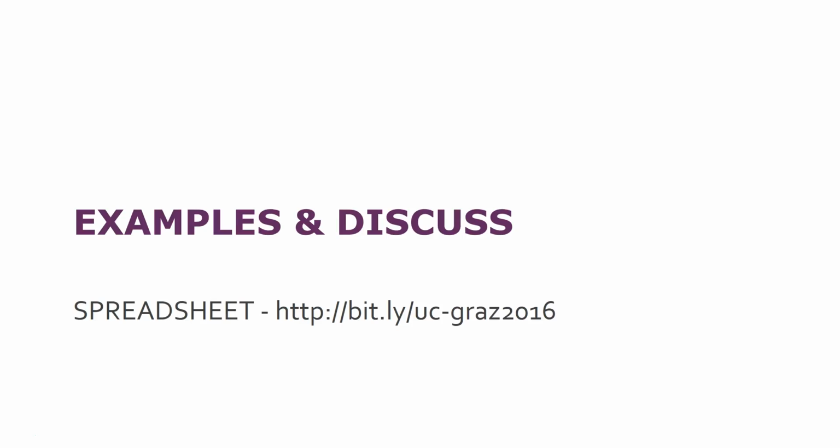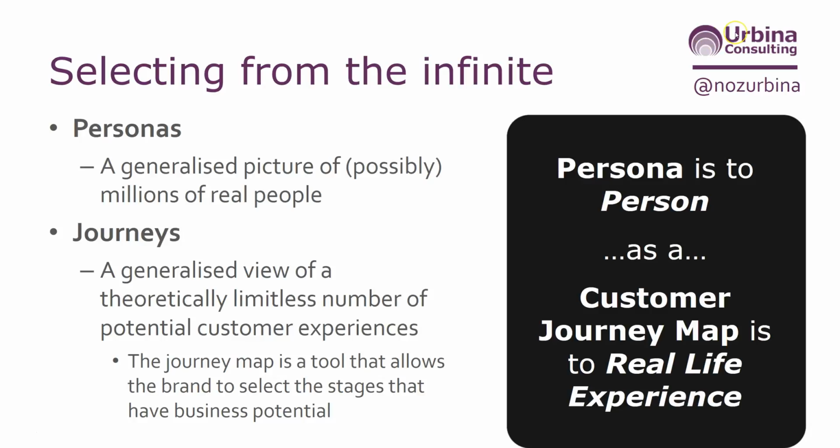So I'm just going to say a few last words. The journey map is about selecting from the infinite. So a persona is a generalized picture of possibly millions of real people. A journey is a generalized view of a theoretically limitless number of potential customer experiences. It's a tool that allows the brand to select the stages that have business potential. And, of course, business potential has to keep in mind happy customers.